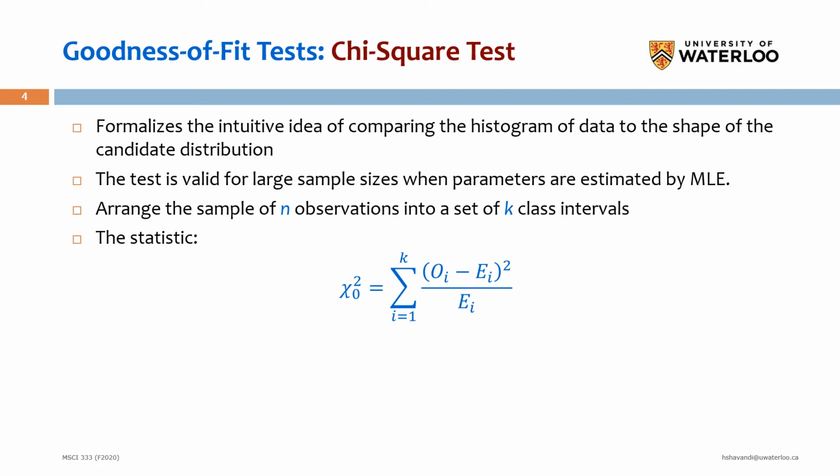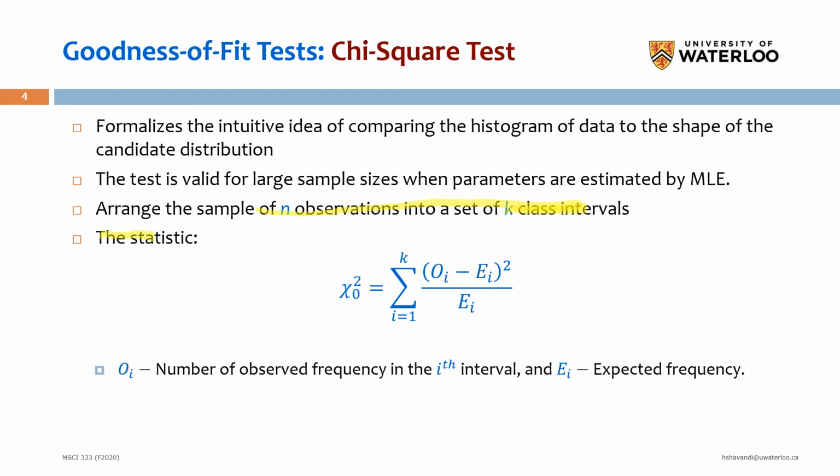Here again, as before, we arrange the sample of n observations into a set of k class intervals. At first we consider k class intervals, and then we calculate the chi-square statistic. O_i is the observed frequency in the i-th interval, and E_i is the expected frequency.